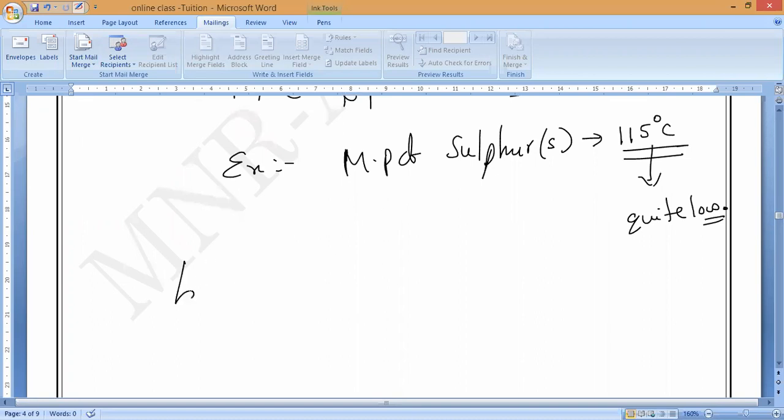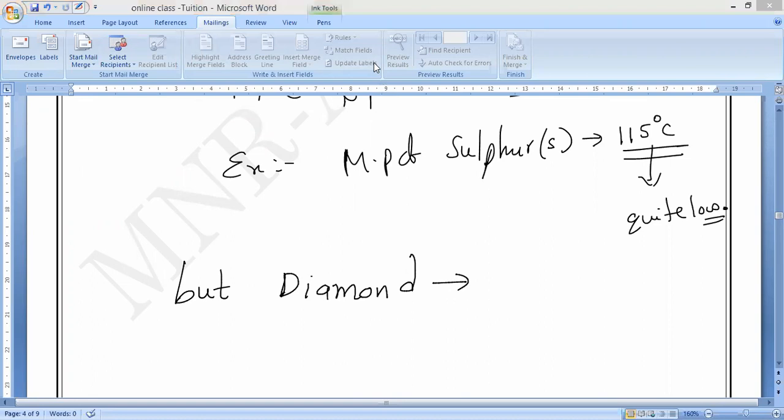But the exception is diamond. Diamond's melting point is more than that of metals. What is the melting point of iron? Please check your notebooks and tell me. 1535 degrees Celsius is the melting point of iron.